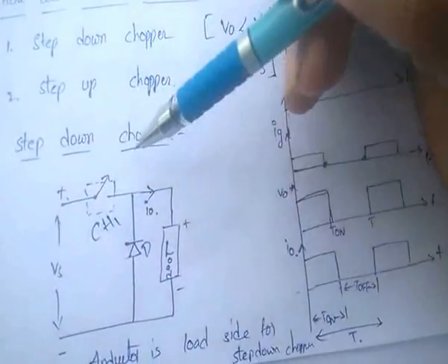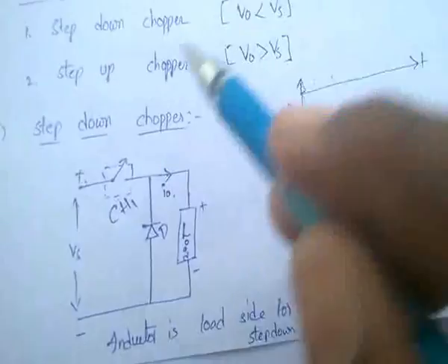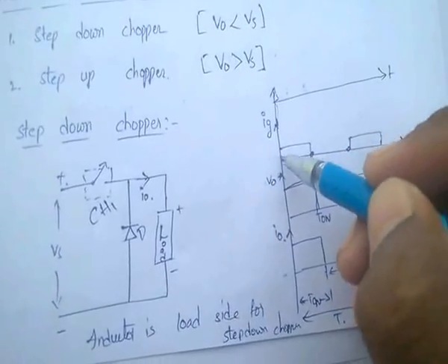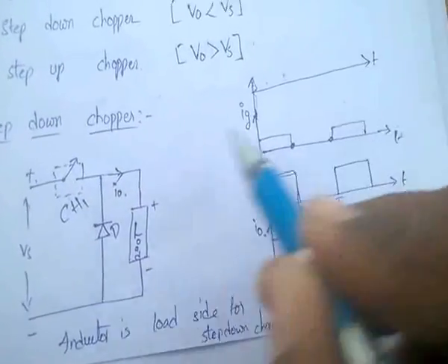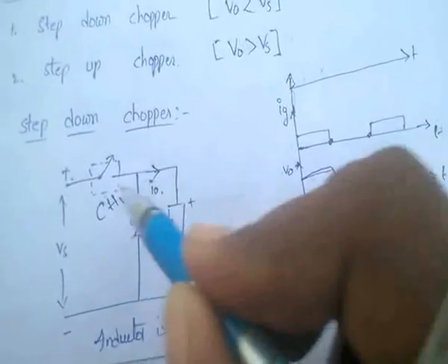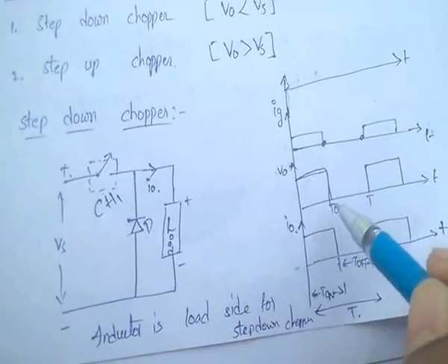Once again, step down chopper, for this is the input supply voltage. Whenever the switch is closed, the output voltage is same as that of the input voltage. Whenever the switch is open, the output is 0.